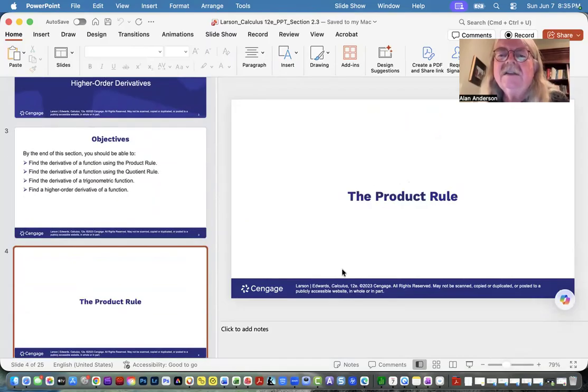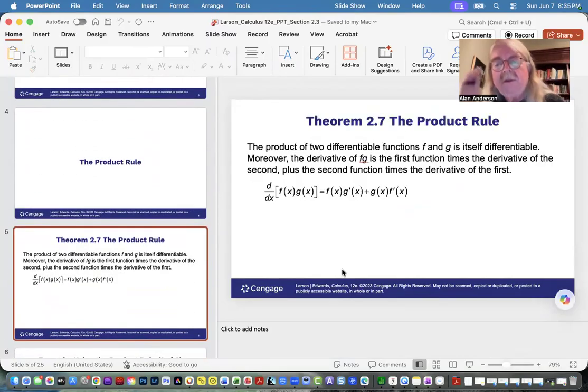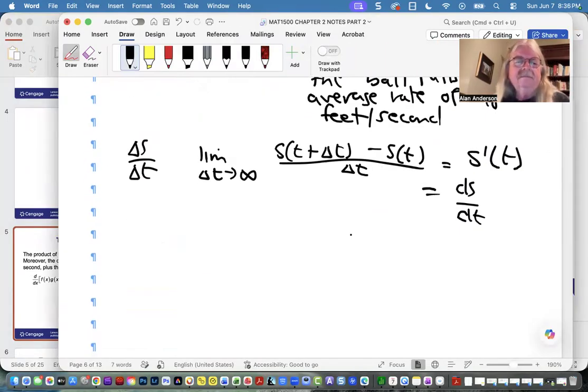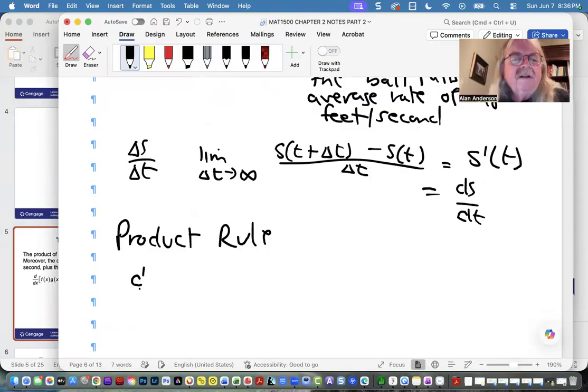Okay. Now these are where they're starting to get a little bit messier, as you can imagine. Okay, we start with the product rule. Now, you would like to think that all you'd have to do is multiply the two derivatives, but sadly, it doesn't work out that way. It's a little bit messier than that. So let's take a look at this. So we're taking the derivative of f of x times g of x.